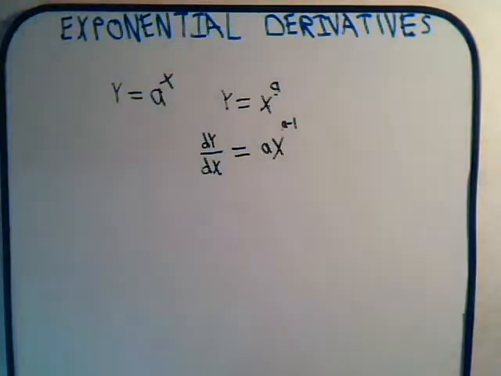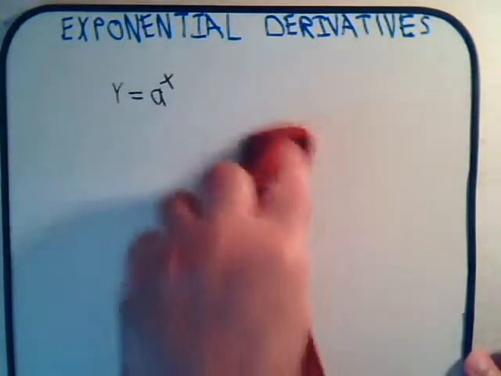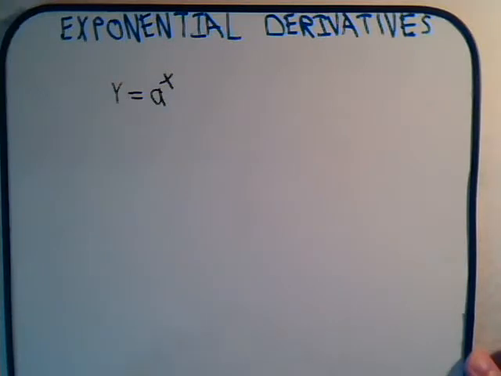But here, we have a constant being raised to a variable power. And now we want to try to find dy/dx. And the trick is to use the techniques of logarithmic differentiation.